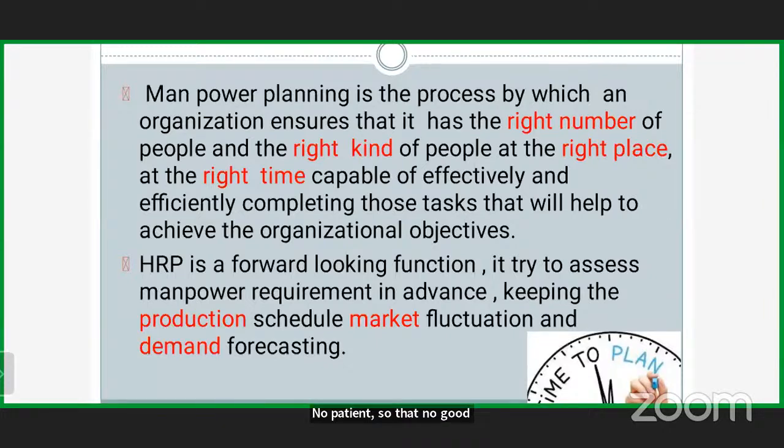This is what human resource planning is. We need this factor for the organization, and based on this, the organization can achieve its goal.